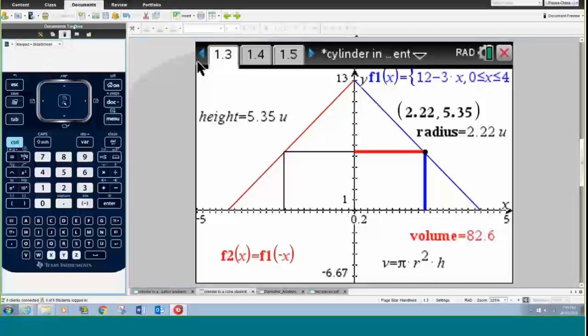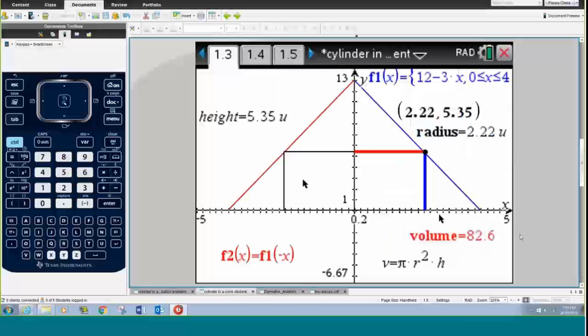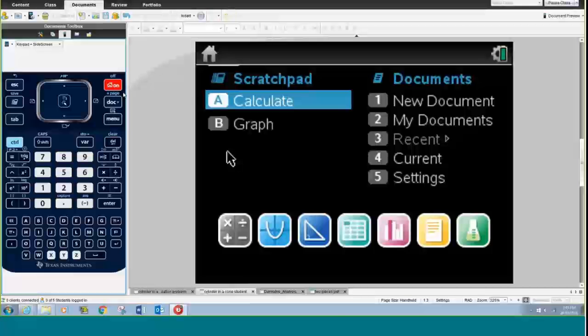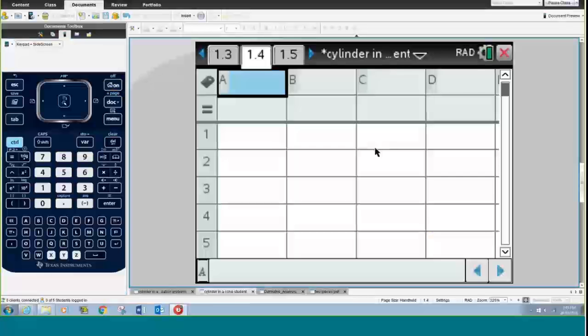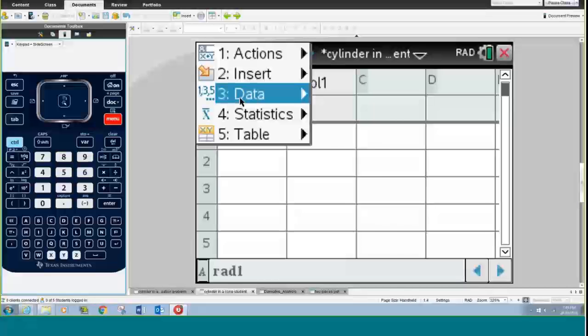You can have that prepared as I did, but because I already moved a few things, I have those done. If we start with this graph, now I will put in a new spreadsheet. I already used that name, so I call it radius 1, and volume 1. What I'll try to do here is data capture, and I will do it automatically.